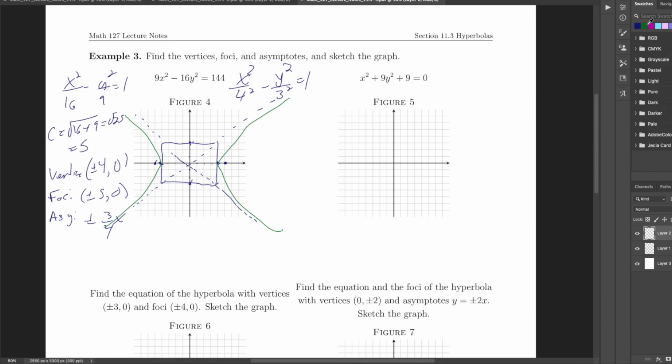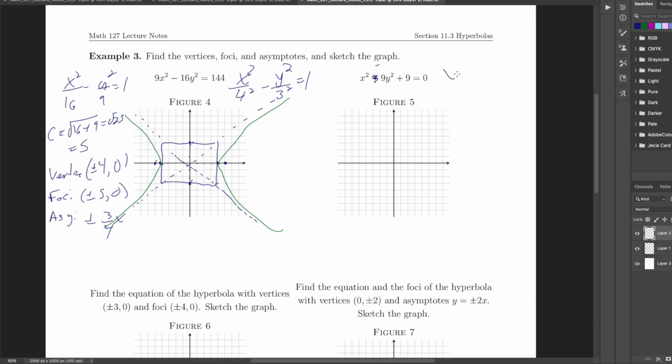Let's do the next one. So the next one, what do we have here? We have this. So we want to make this look the same. Oops, sorry. This should be a negative. Go ahead and fix that. I'll fix it on the notes before I upload it. So here we have this.